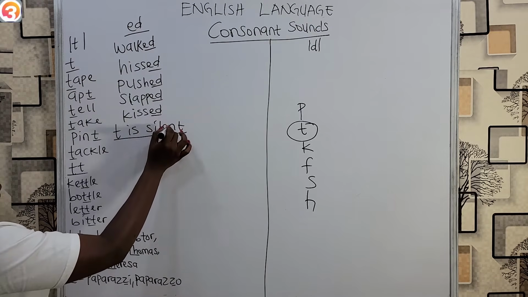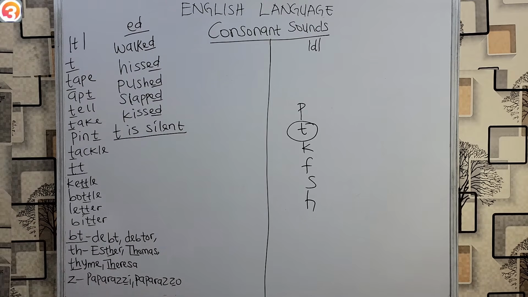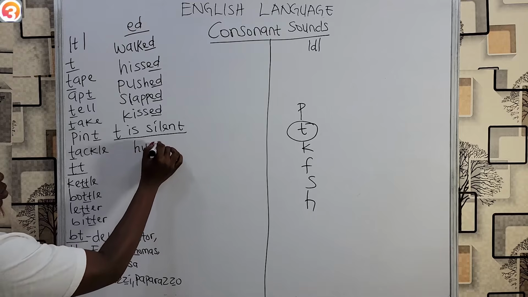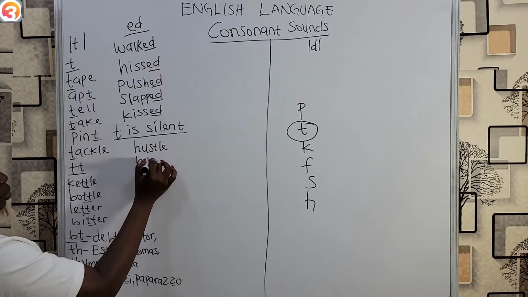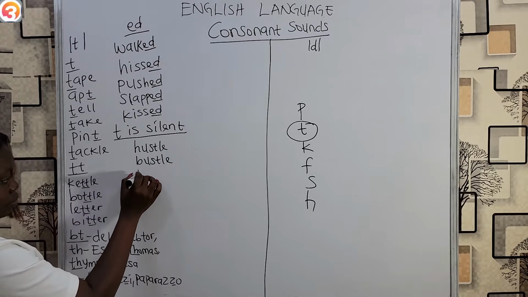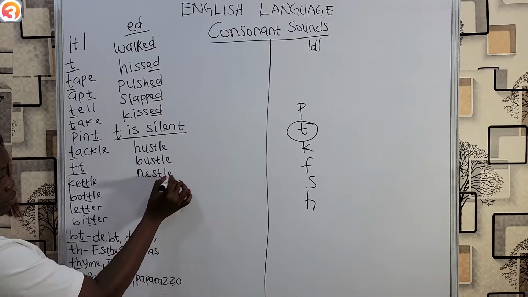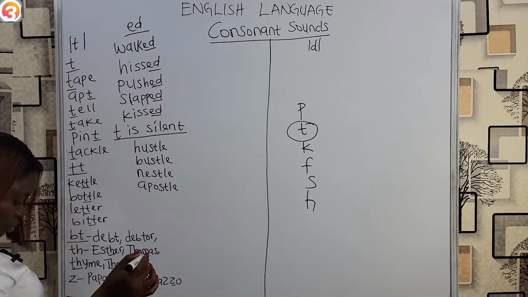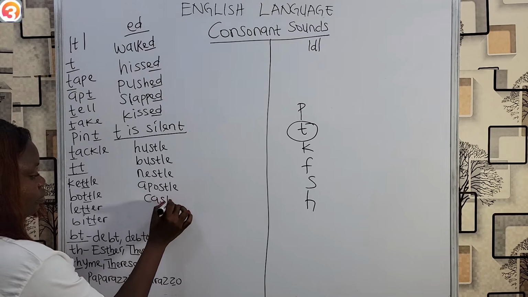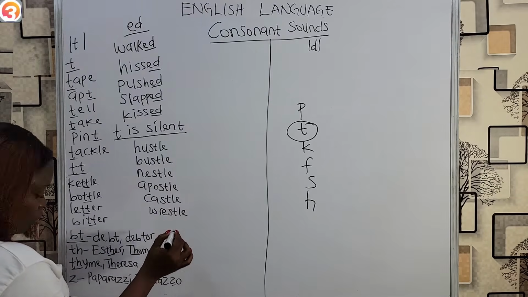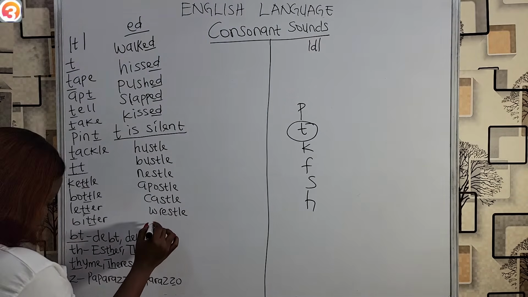We also have silent T. There are words that contain silent T. Words like hustle, bustle, nestle, apostle, castle, wrestle, whistle.